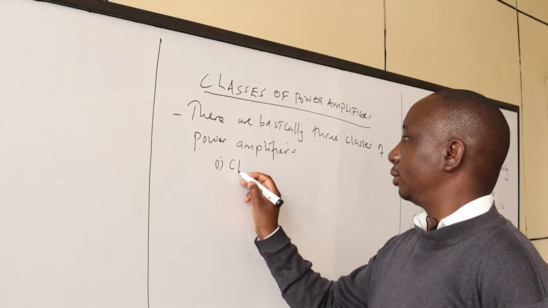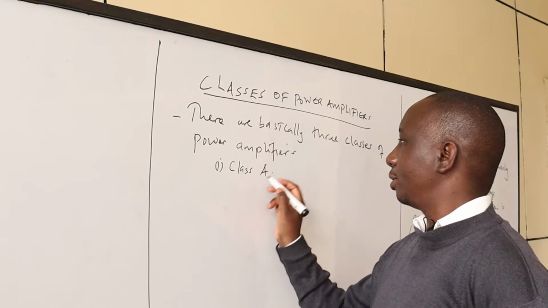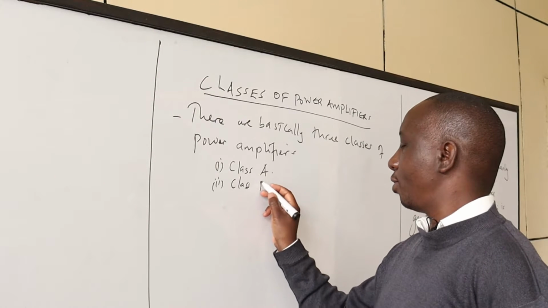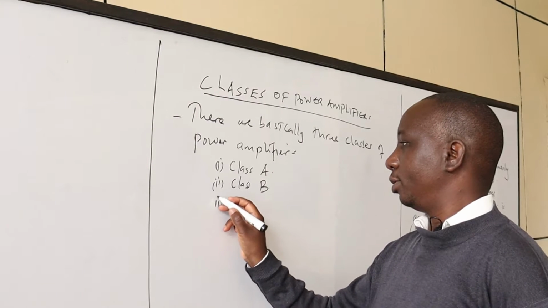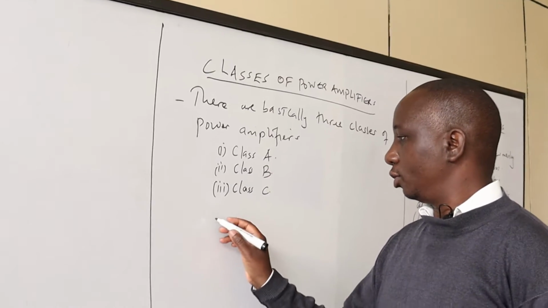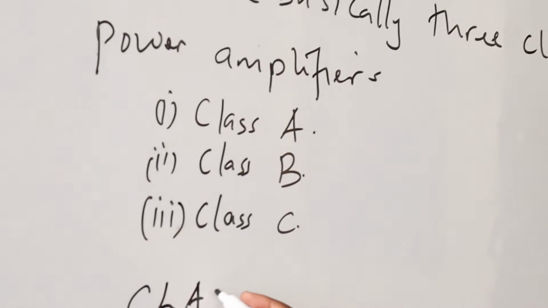Roman 1 is class A, Roman 2 is class B, and Roman 3 is class C. We start with class A.